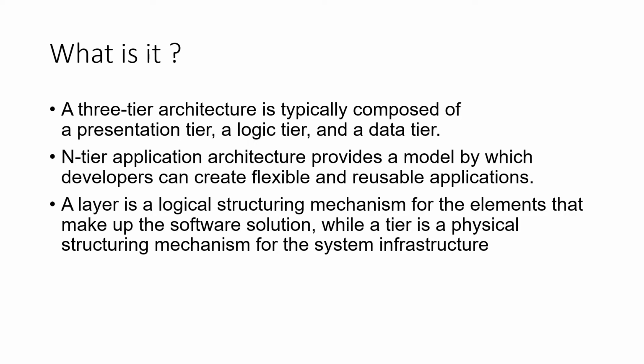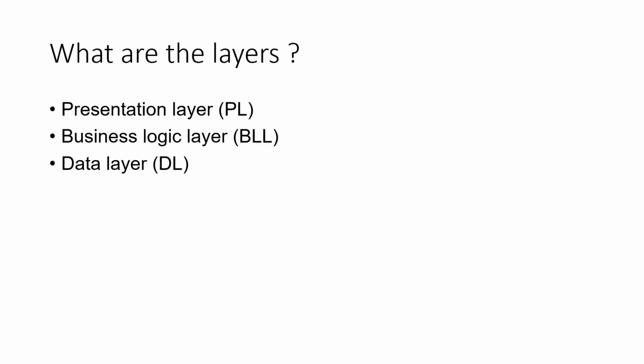So here we look at the software as well as the understanding of a layer in detail. What are the layers? We have a look at three different distinct layers: the presentation layer called PL, the business logic layer called the BLL, and the data layer, that is the DL.